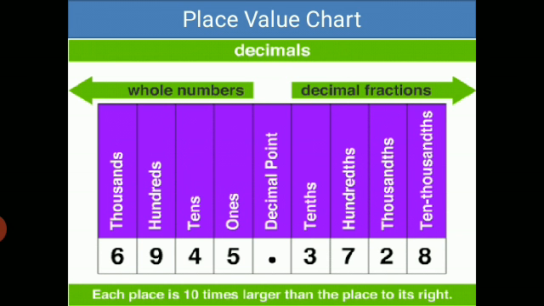So here in this number, the 6 will be at the thousands place, then 9 at the hundreds place, 4 at the tens place, 5 at the ones place, then the decimal point, then 3 will be at the tenths place, 7 at the hundredths place, 2 at the thousandths place, and 8 at the ten-thousandths place. This is how we can represent decimal numbers in the place value chart.